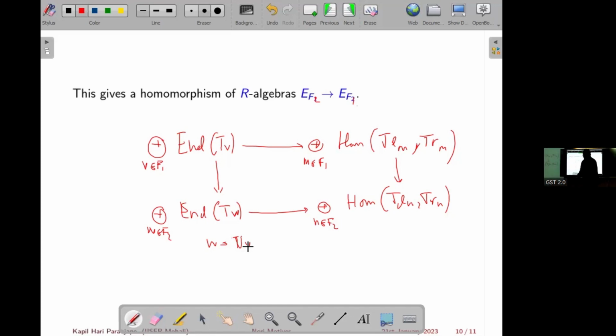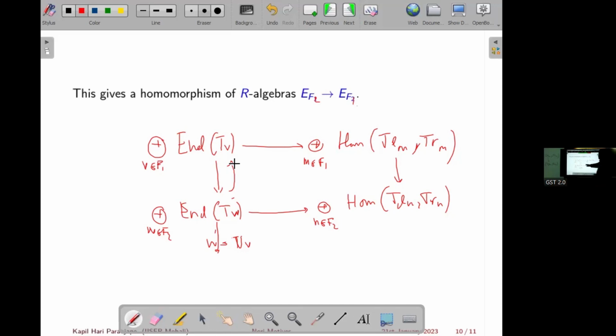So if I take just the elements coming from here, if I now go to the direct sum and take only those components, forgetting the components which are extra in F2, and project into that, then that is going to actually be in EF1.